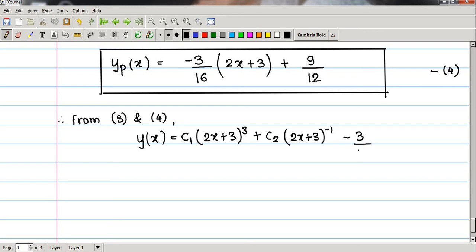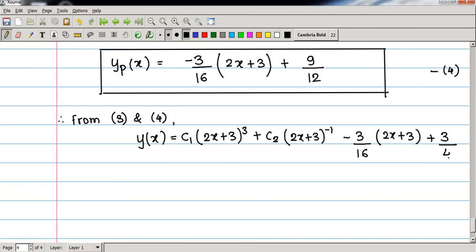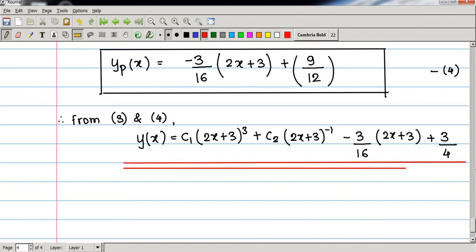Now the particular integral is minus 3 by 16 into (2x plus 3) plus 3 by 4, that is nothing but 9 by 12. So this will be the required general solution for the given Legendre's differential equation.